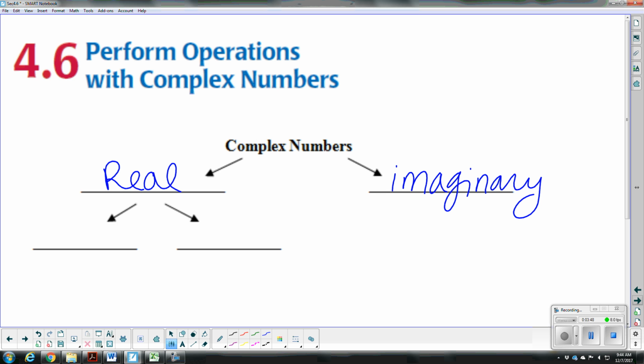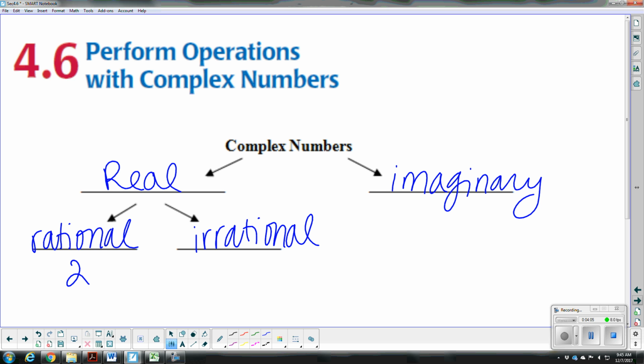With real numbers, you have two types: rational real numbers and irrational real numbers. A rational real number would be like 2, and an irrational real number would be like the square root of 3, where it goes on forever, non-repeating.